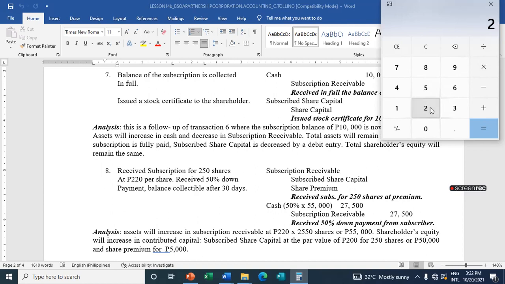Multiply natin ng 220. So, 55,000. Pero binayaran lang niya ng 50% and then it is collectible within 30 days, 'di ba?